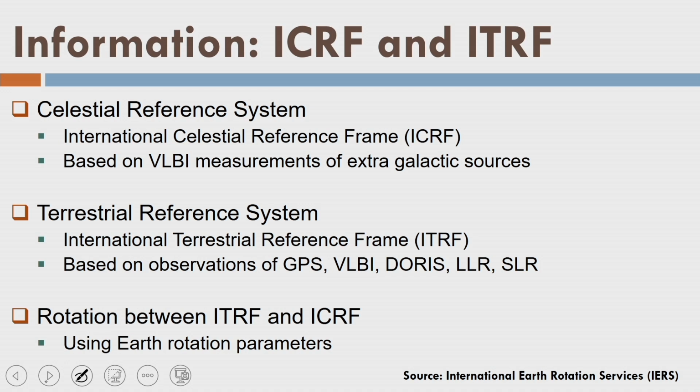ITRF is established by various satellite programs and VLBI. GPS is one of the satellite programs, then we have DORIS, lunar laser ranging, and satellite laser ranging. Using these 5 techniques, we find the surface of the earth and the overall adjusted value of the earth, and then we decide the rotation axis of the earth and so on.